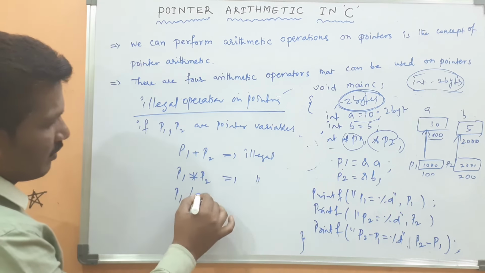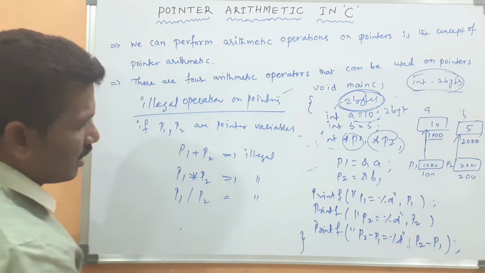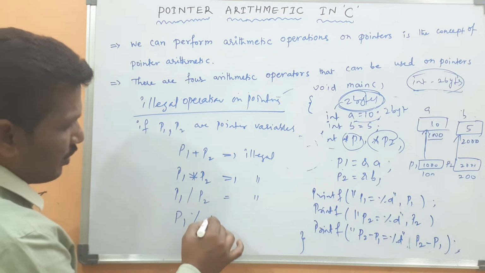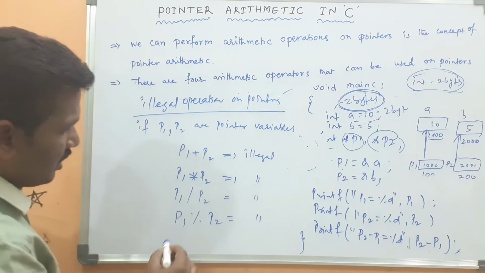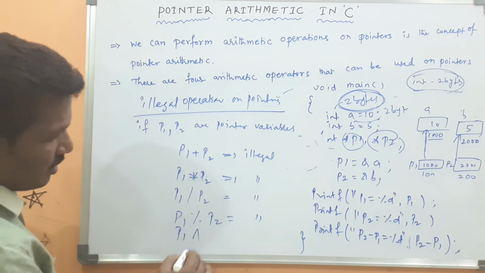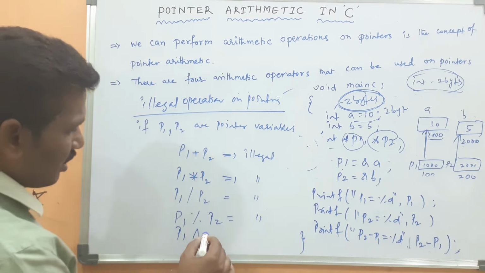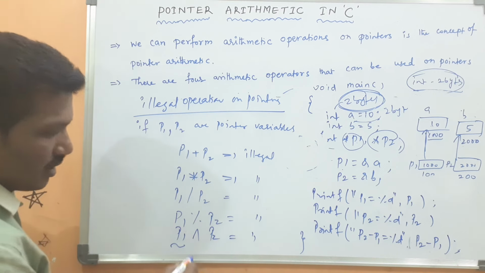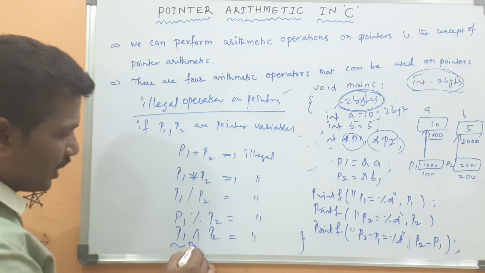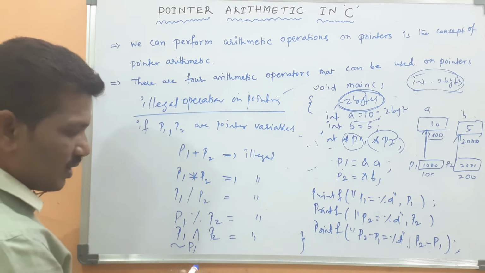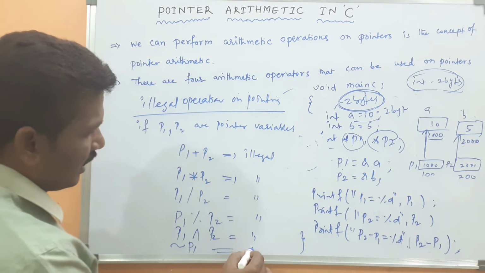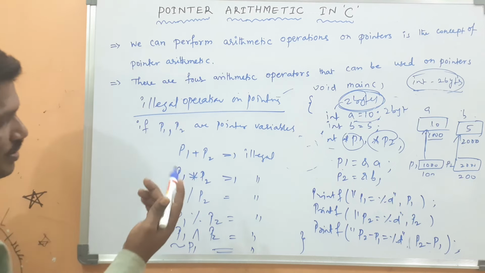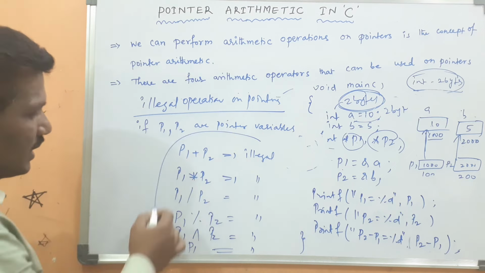P1 divided by P2, illegal. P1 modulus P2, illegal. P1 exclusive or, power, P2, illegal. Then negation operator on P1 or P2, or address, whatever, illegal.